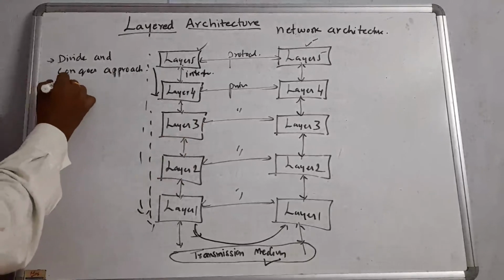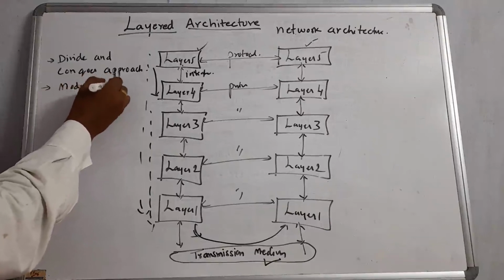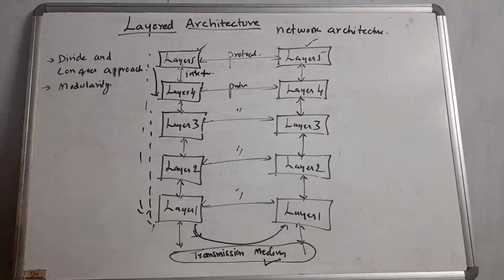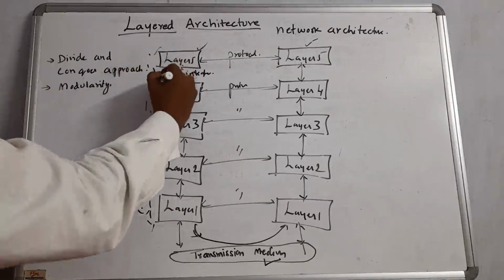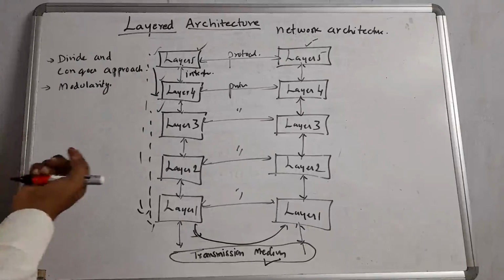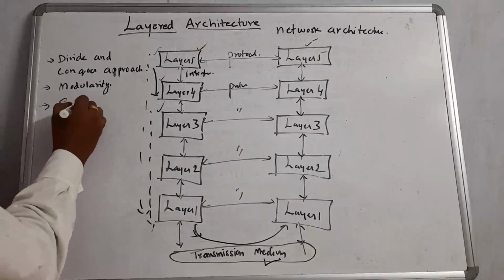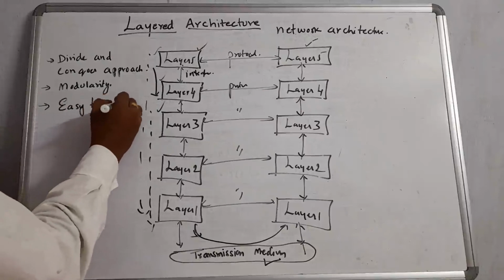Next one, as we discussed, is modularity. What do we mean by modularity? The layered architecture is more modular, and this modularity provides independence of layers, which is easier to understand and implement. The third one is that it is easy to modify.